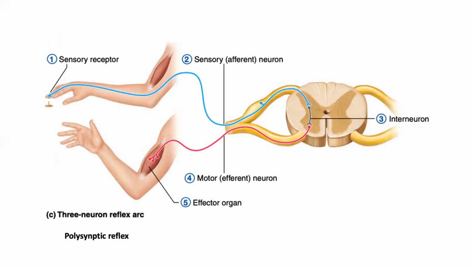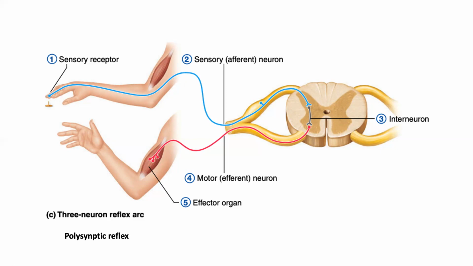So now, when the tip of our finger touches, for example, something sharp and pointed, the skin receptors at the tip of the finger will take the action potential stimulated by that stimulus, and it will be taken via the sensory or afferent neuron to the dorsal root ganglia and then enter the posterior root of the spinal cord.